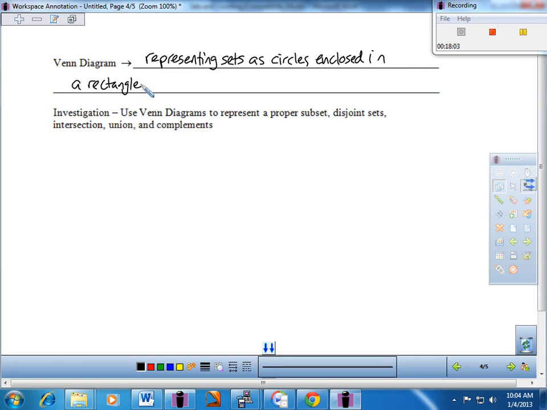Kind of allows us to work on some counting ideas in just a few minutes, but let me just make sure I have this right for you. Representing sets as circles enclosed in a rectangle, which represents, in that rectangle, will be our universal set. So the rectangle, here we go, represents the universal set.